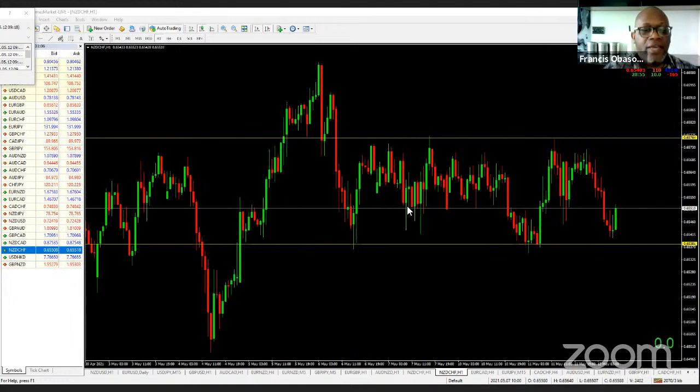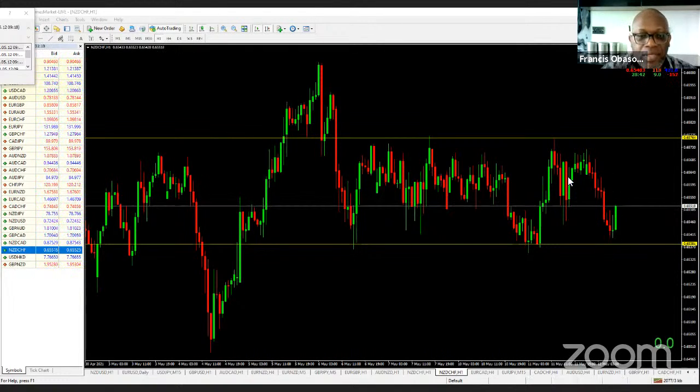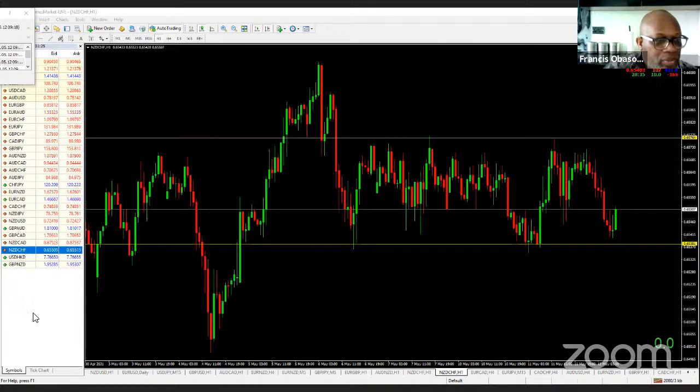If you do want to scalp, then the best way to go about that would be to enter a buy near the low of this range and a sell at the top there. You want to be sure that it's not going to break out on you and go in the opposite direction.